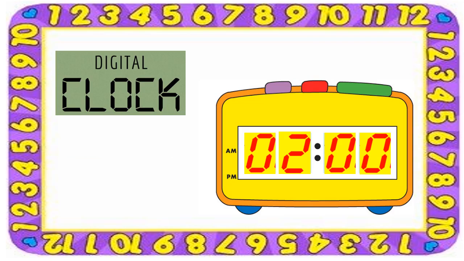Today we will talk about the digital clock. What is a digital clock? In a digital clock, class, there are no hands and there is no face. In a digital clock, we can see the time by using some numbers. A digital clock shows the time using numbers, not hands.